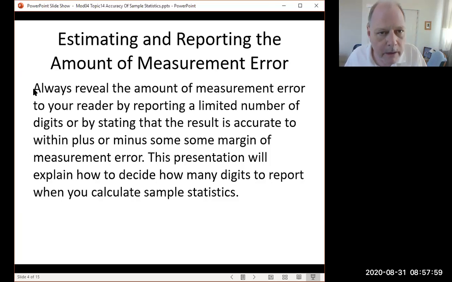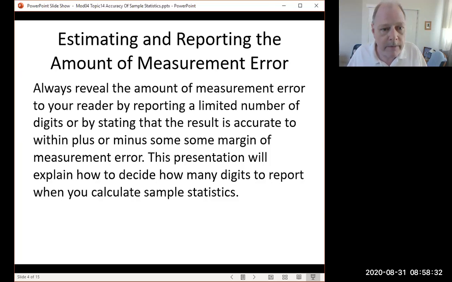So when you present data, maybe you've gone out and measured a bunch of things yourself and you have this list of numbers. You need to reveal to your reader the amount of measurement error that you believe the data has. So you can say that the result is accurate to within plus or minus some number of pounds.